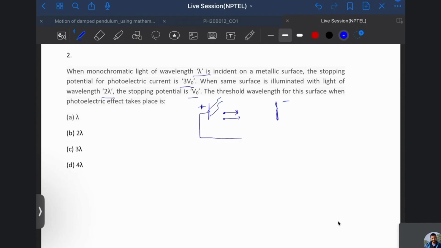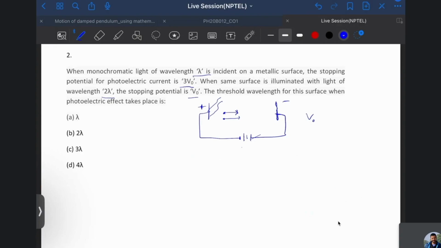And since we are applying a voltage here, we can change the voltage, and at a certain potential V naught, the electron will not reach here.